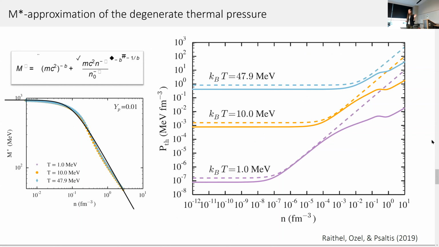We take advantage of the asymptotic behavior of the effective mass, so that at very low densities, the effective mass just goes to the nucleon mass of the system, and at high densities, it undergoes this characteristic power law decay. And we find that basically a two-parameter model for parametrizing the effective mass is sufficient to capture most of the behavior for a wide range of relativistic mean field theory models.